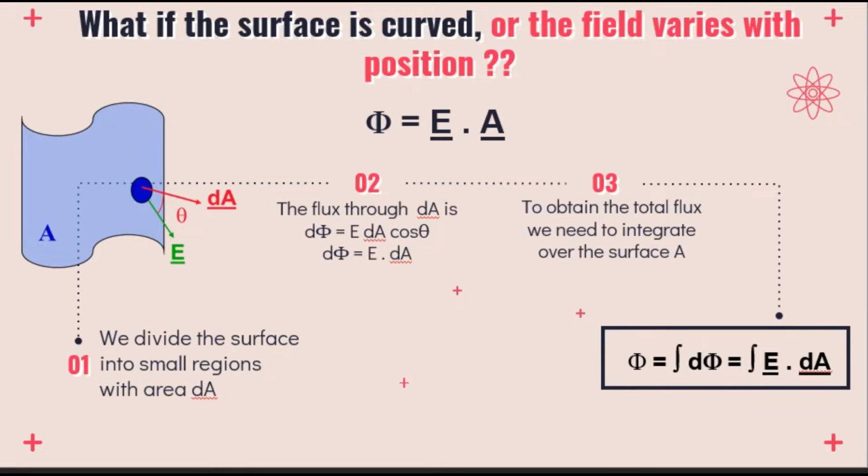Kasi kanina, flat yung surface natin. So, direct algebra lang. So, dito kasi varying siya. So, we need to get a small part of that surface and then integrate it for us to get the total flux density. Okay? This is for open spaces or open surfaces.